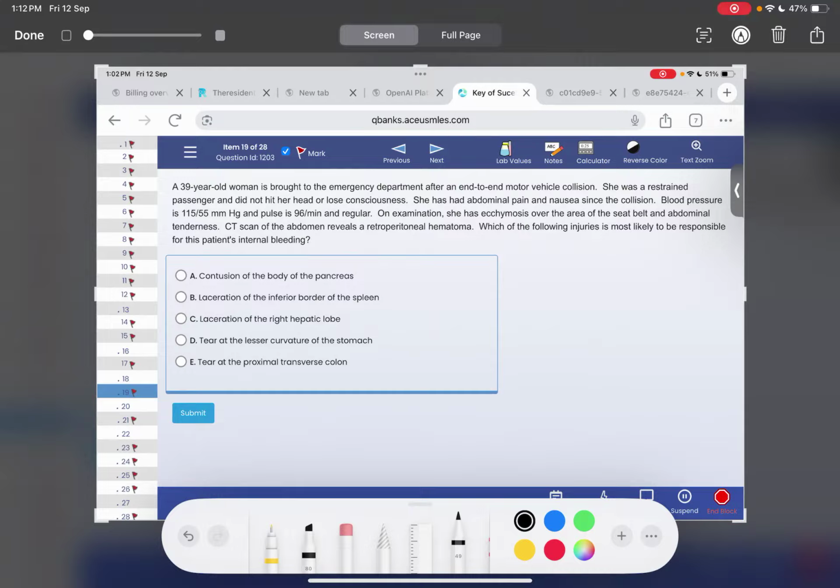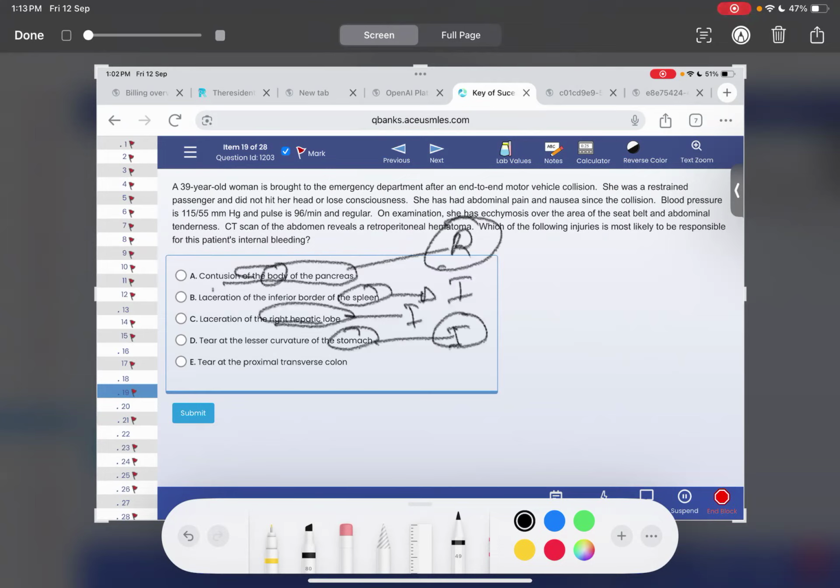Have you got the point? Which of the following is a retroperitoneal contusion to the body of the pancreas? Is it retroperitoneal or intraperitoneal? Retro. And the spleen, intra. Stomach, intra.